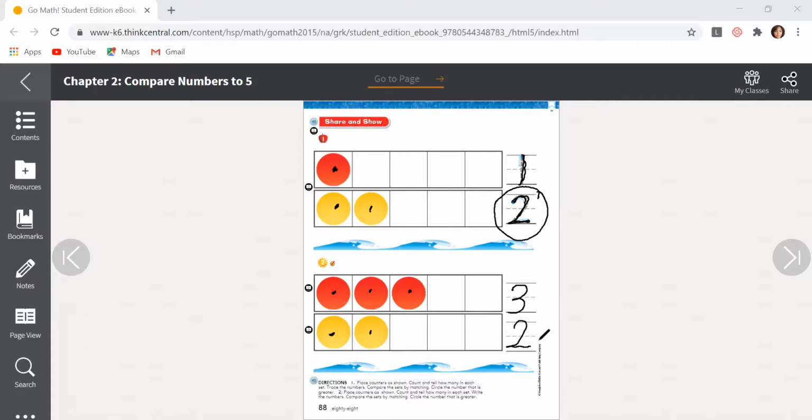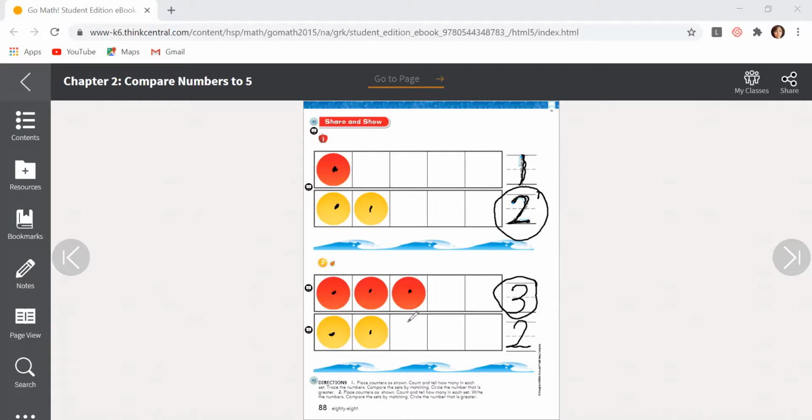The number 3 or the number 2? Sadie? The number 3. Then I need to make a circle around the number 3. Good job, Sadie. It is the number 3 because it has more.